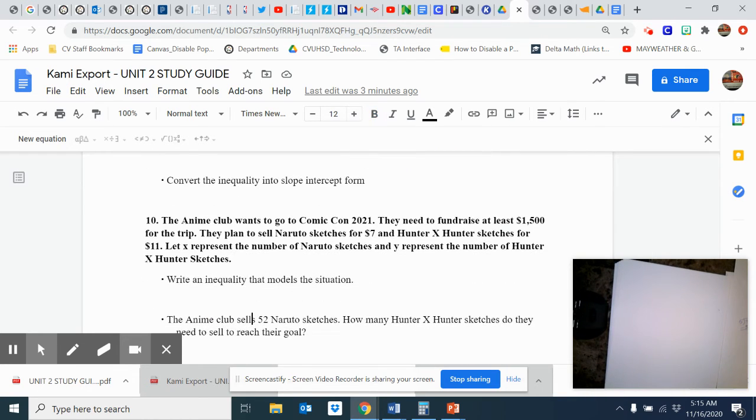Number 10. Anime Club wants to go to Comic Con 2021. They need to fundraise at least $1,500 for the trip. They plan to sell Naruto sketches for $7 and Hunter x Hunter sketches for $11. Let X represent the number of Naruto sketches and Y represent the number of Hunter x Hunter sketches.